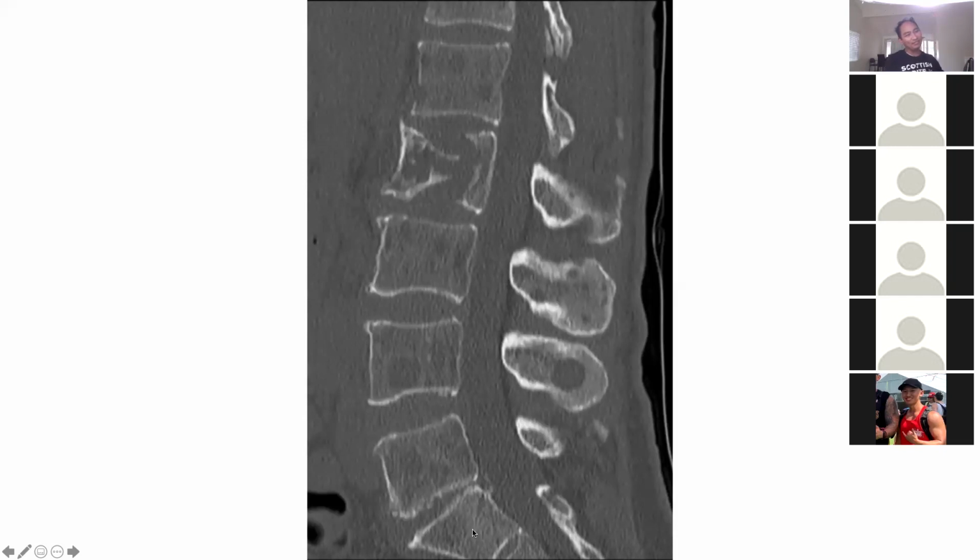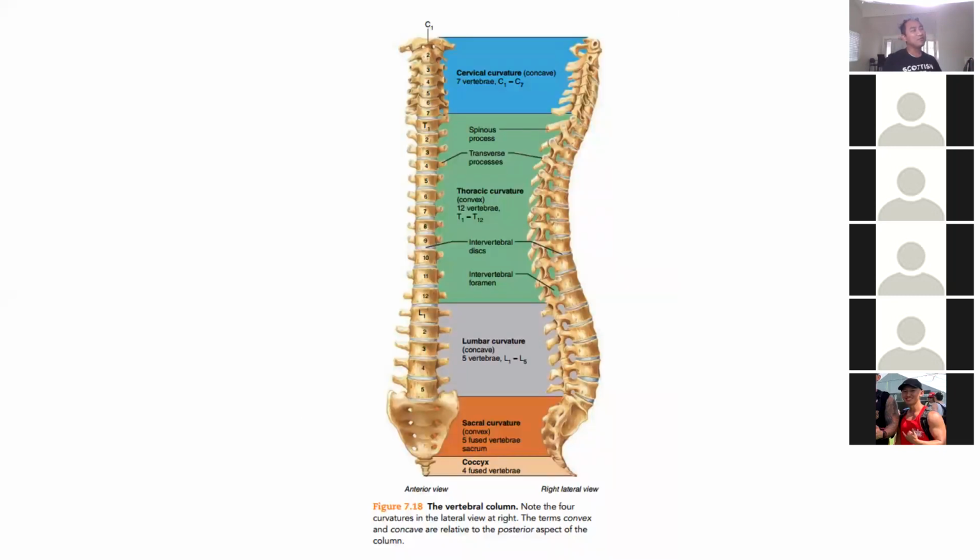But anyway, this is the lumbar CT scan, and this is the sacrum, 5, 4, 3, 2, 1. This is a reminder of how many vertebrae we have. In the cervical spine, we have 7. In thoracic, we have 12.